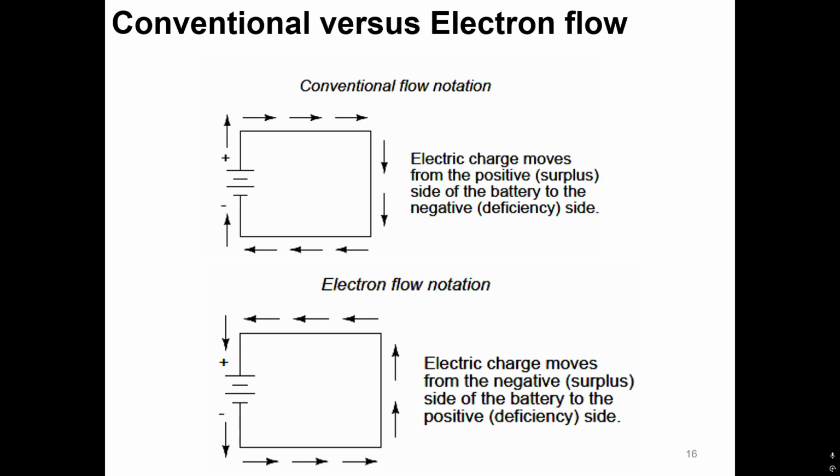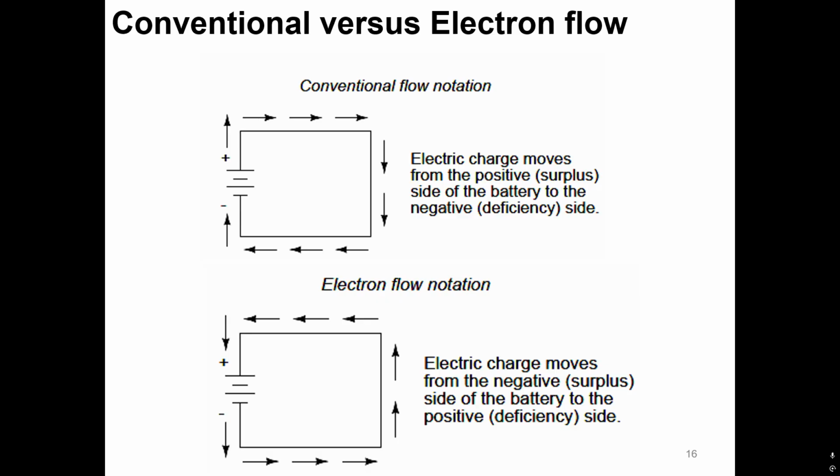Next we have conventional versus electron flow. See, just now we have seen the current is nothing but flow of electrons in one specific direction, right? But before the discovery of this concept, people were thinking that current is nothing but some invisible fluid that moved from higher potential to lower potential, just like a fluid that moves from a high pressure region to a low pressure region.